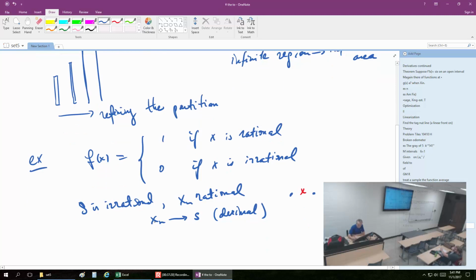And then you realize what the trouble is: f of xn will be equal to 1, while f of s is equal to 0. That is a contradiction to our definition of continuity, because 1 does not converge to 0. So a sequence of numbers converging to s produces under function f something with no convergence.